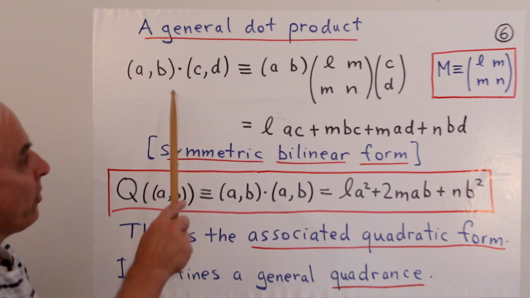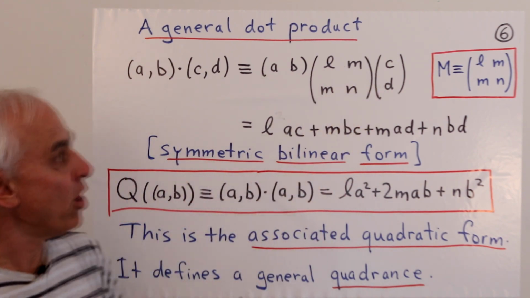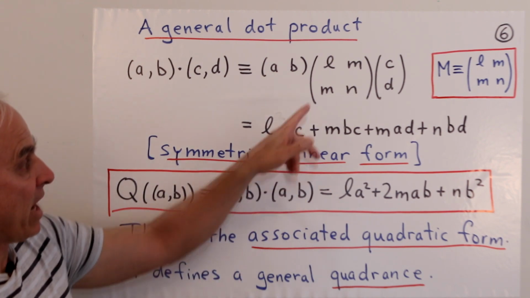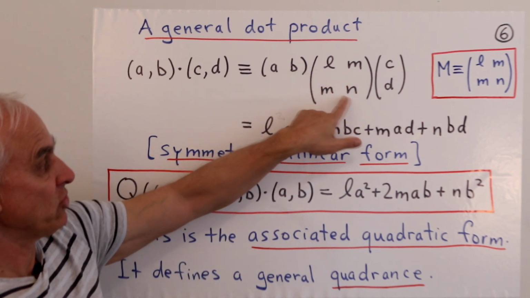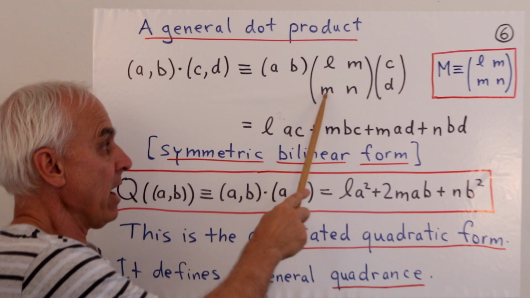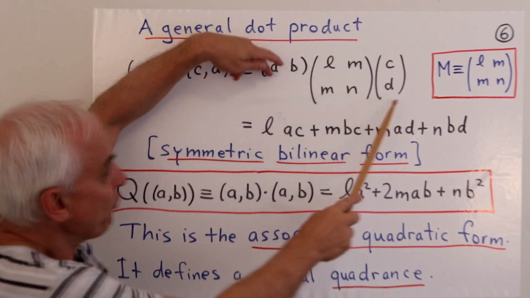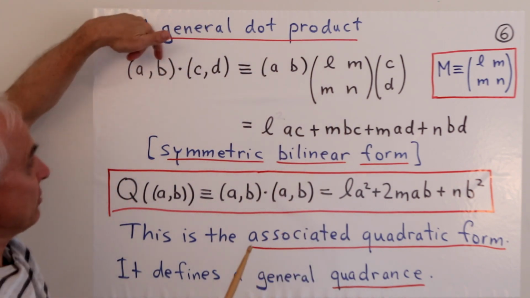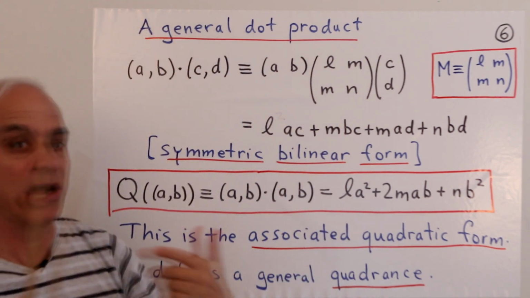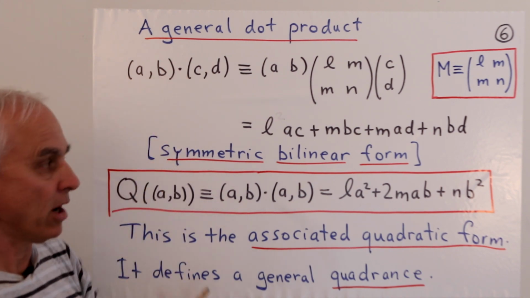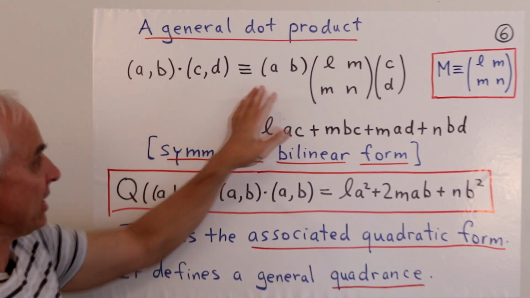Okay, so we've already talked a little bit about this form of the general dot product. So here's a generalization, where now we have a general symmetric matrix in here, L M M N. That's a symmetric 2x2 matrix. And this product then is determining a new general dot product. So we won't put any color here, but this is some kind of new dot product. So AB dot CD is this quantity here.